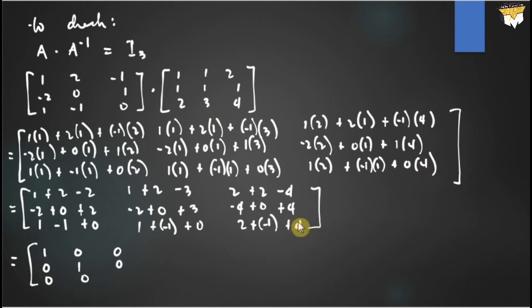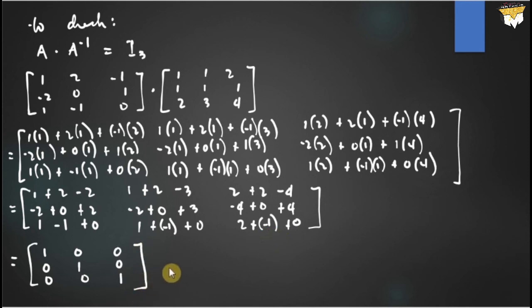0 times 4 is actually 0. Okay, so 0 times 4 is 0. Then, we have 2 plus negative 1, that's 2 minus 1 is positive 1, plus 0 is of course positive 1.